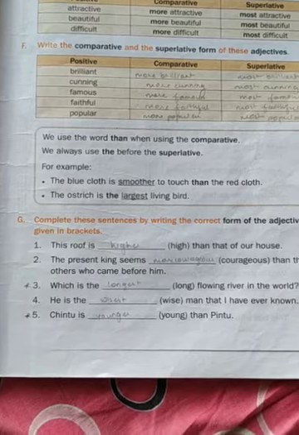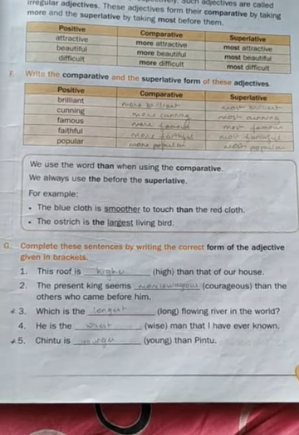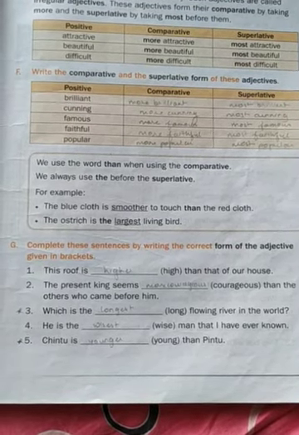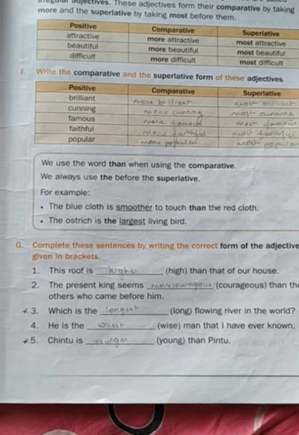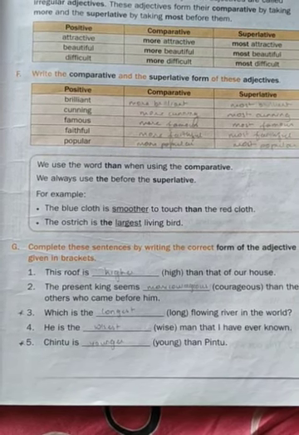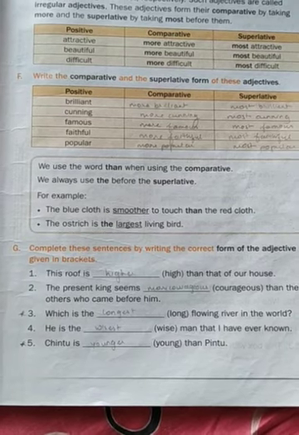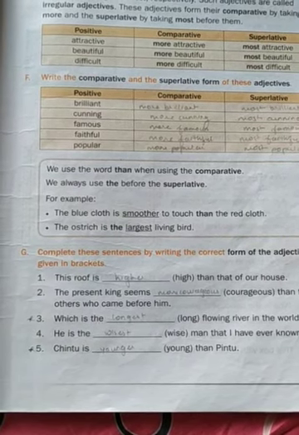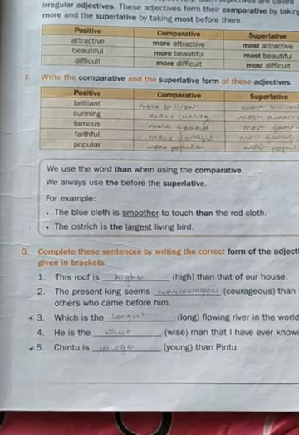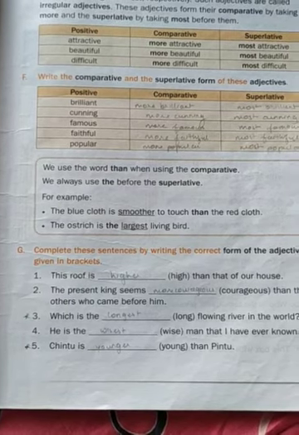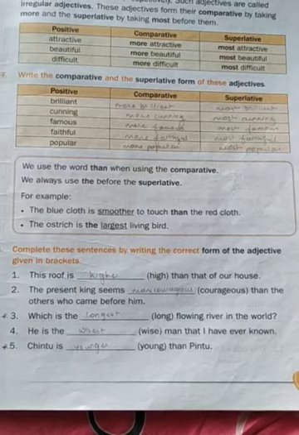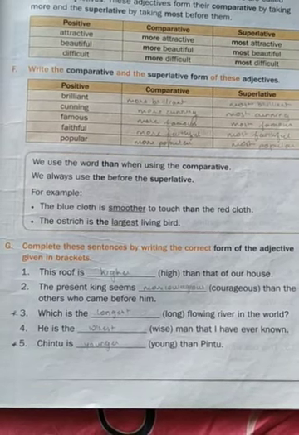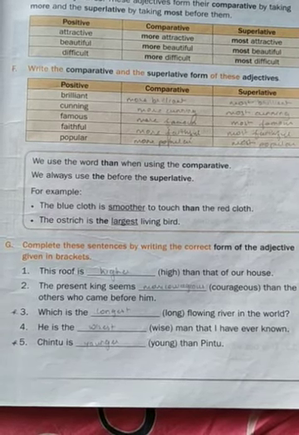Now here, complete this question. Complete these sentences by writing the correct form of the adjective given in the bracket. This roof is dash, in bracket high, than that of our house. So what will come? Higher, er, comparative form. The present king seems dash courageous than the others who came before him.